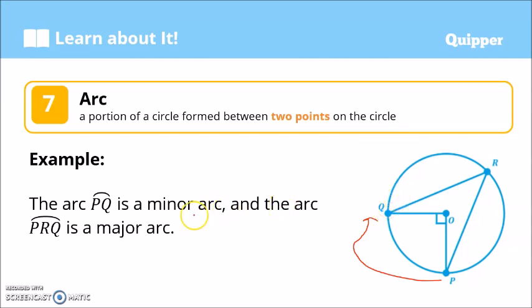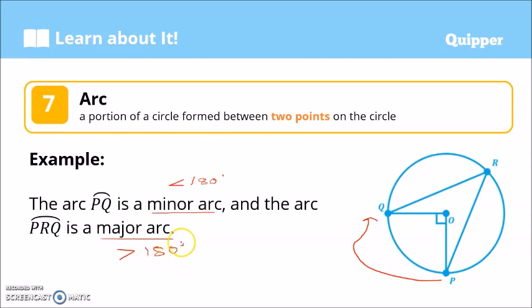We have 2 kinds of arcs. We have minor arc and major arc. When we say minor arc, the measure of the arc is less than 180 degrees. Okay? Less than 180 degrees. So, pag greater than 180 degrees, that is called major arc. So, this is greater than 180 degrees.